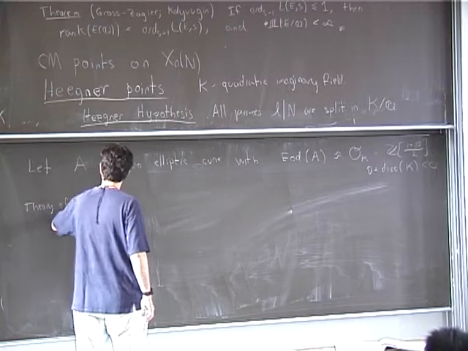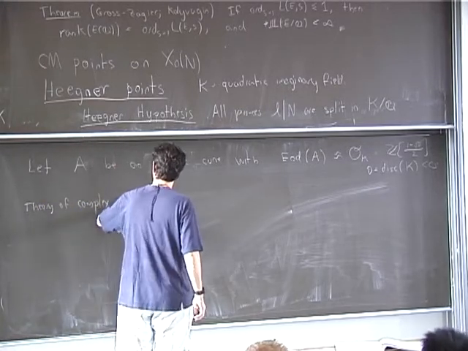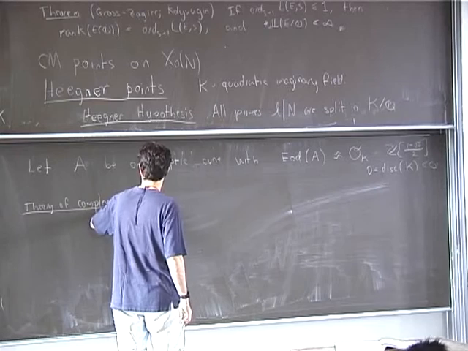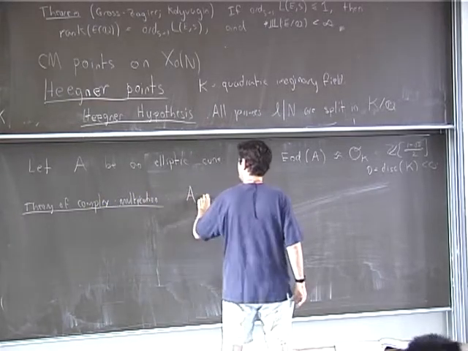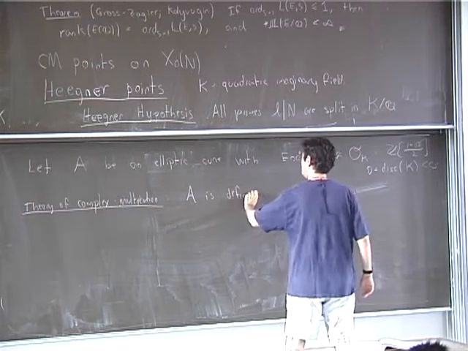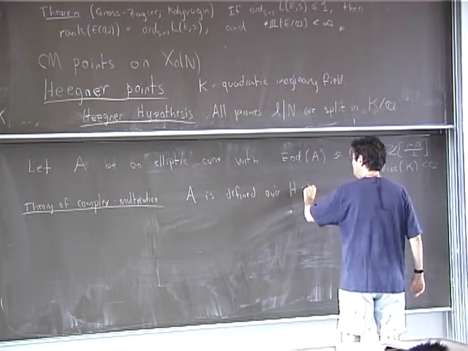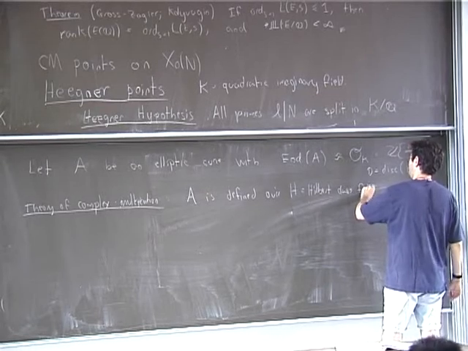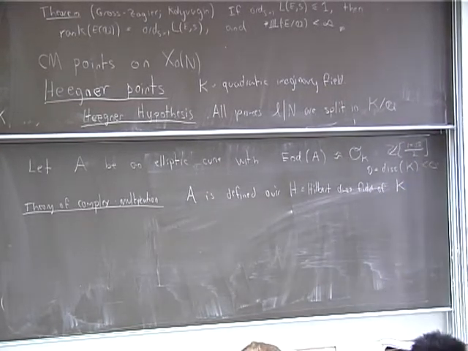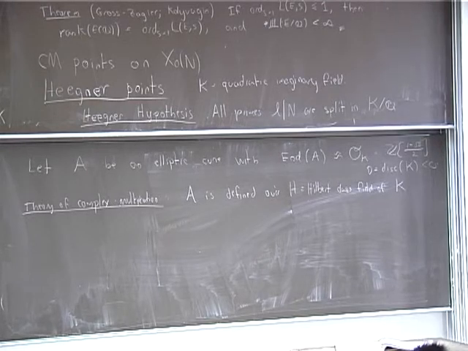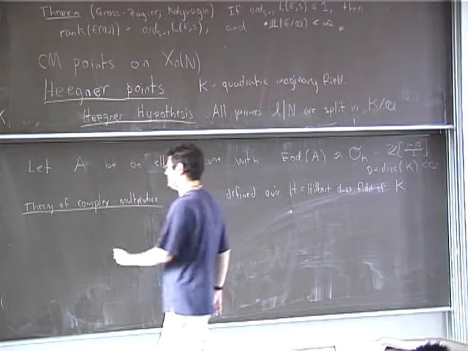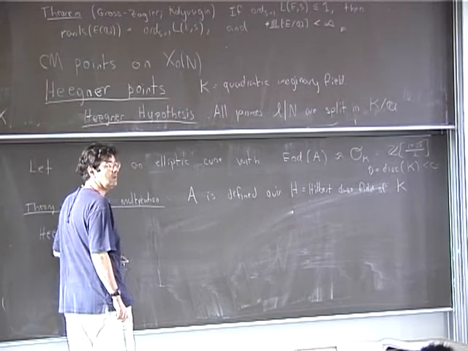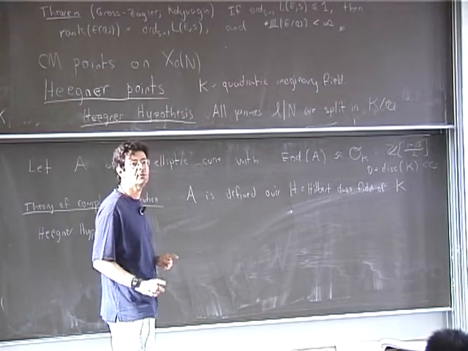tells me that this curve is defined not necessarily over K, but over H, which is the Hilbert class field of K. In other words, the maximal abelian extension of K. Is there a question?